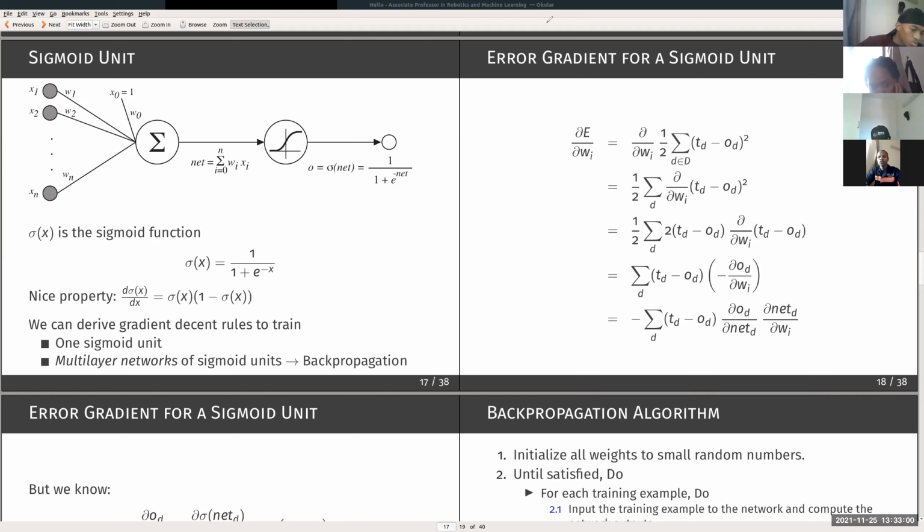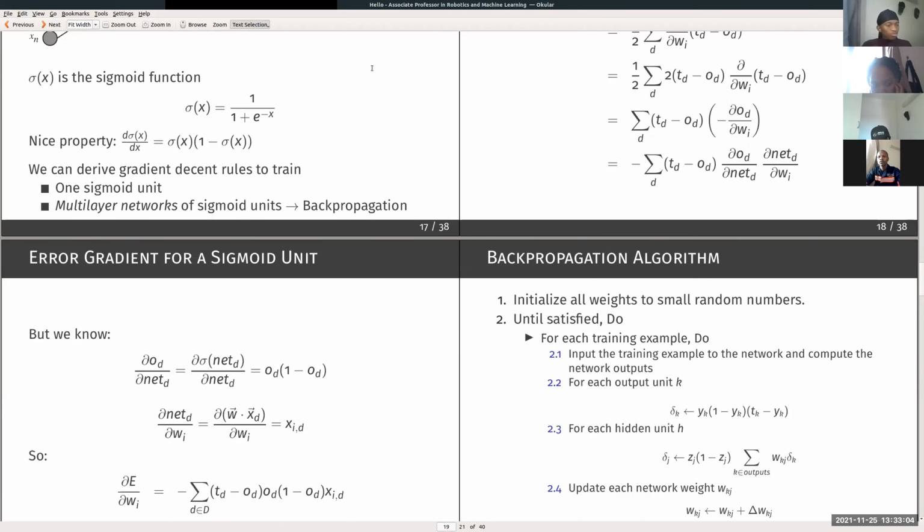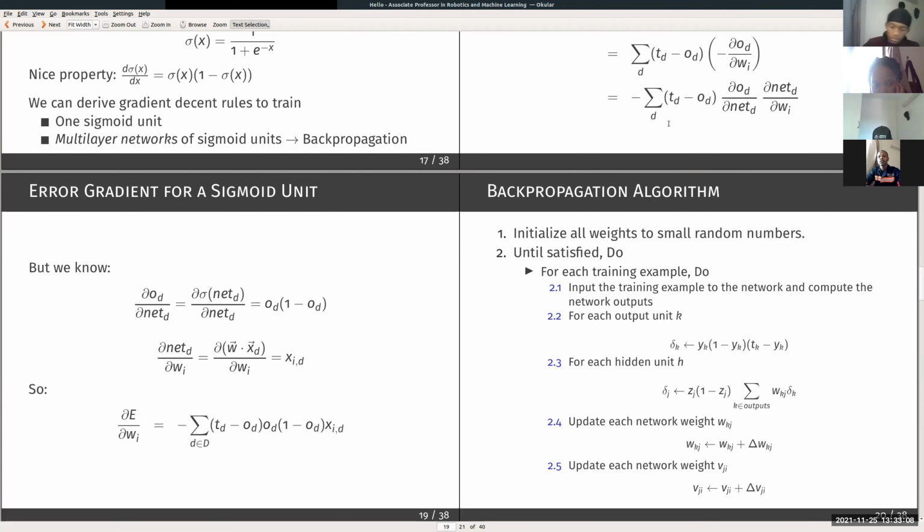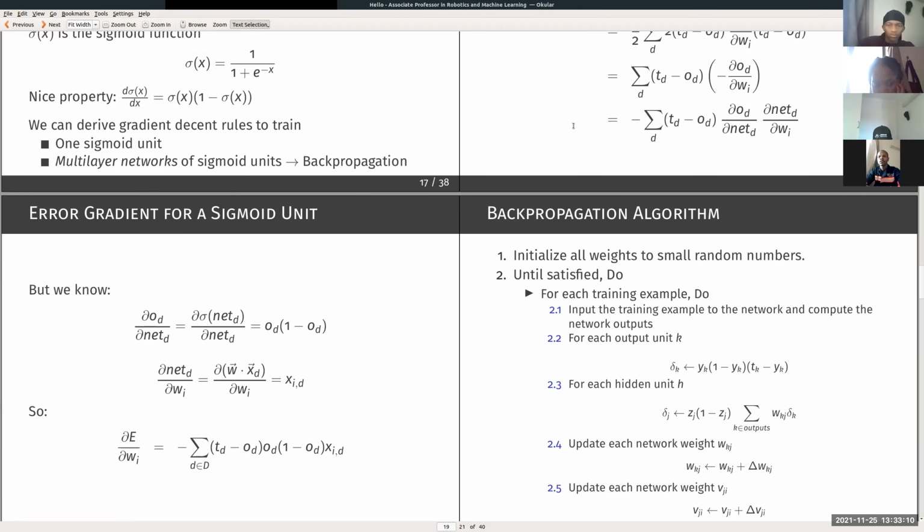So because of the simplification of the partial of the output with respect to the net, it becomes just the output times 1 minus the output.